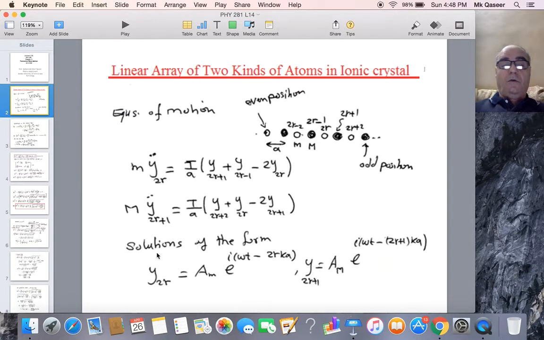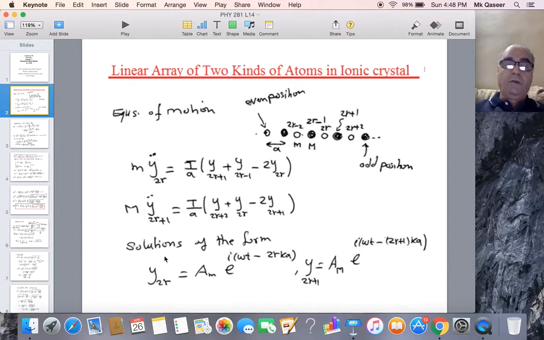Now the solution we are looking for is of this form. y sub 2r is some amplitude times exponential i omega t minus 2r ka, where 2ra represents x here, and for 2r plus 1 you have to add 1. So we get this expression for y.